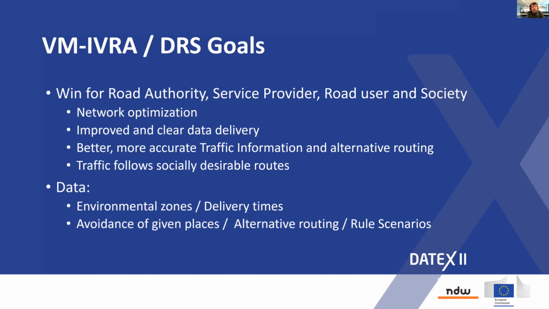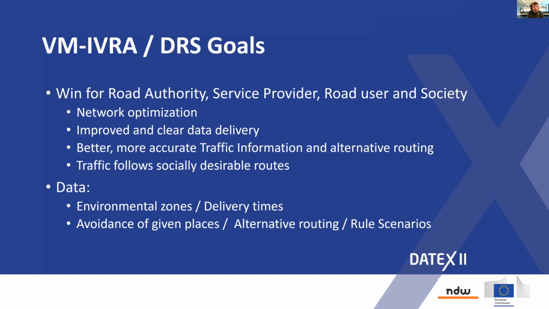Also, not that an app just pulls you through some alternative routing, which might be a real small road, but is quicker. It should be a preferred alternative route as given by the road operator, and traffic should be able to follow socially desirable routes, like avoiding some places where road operators or cities don't want you to go, or rather would not like you to go. Let's put it like that.